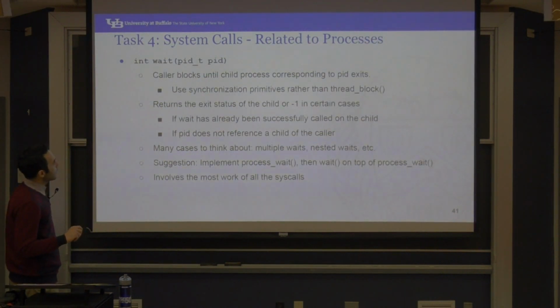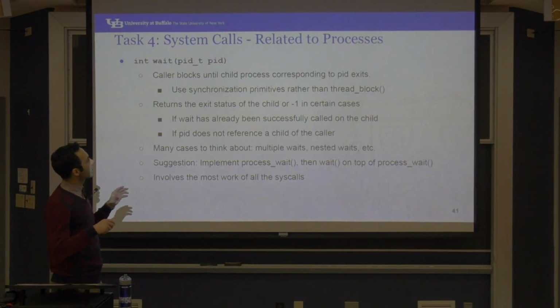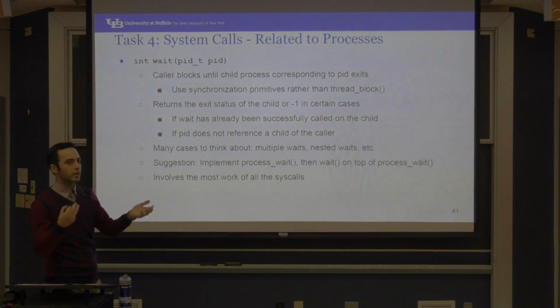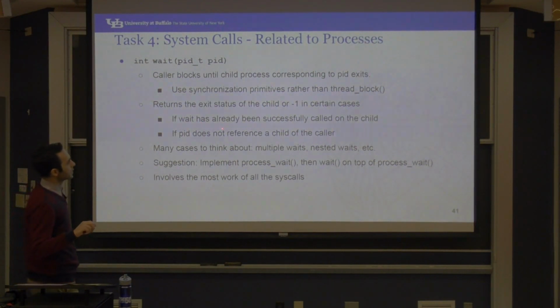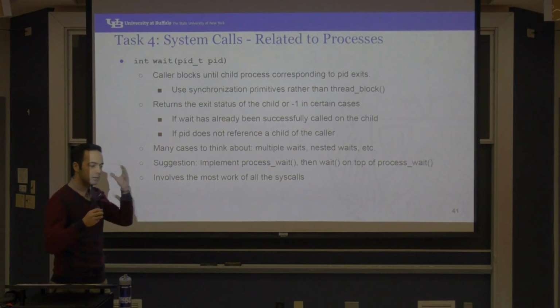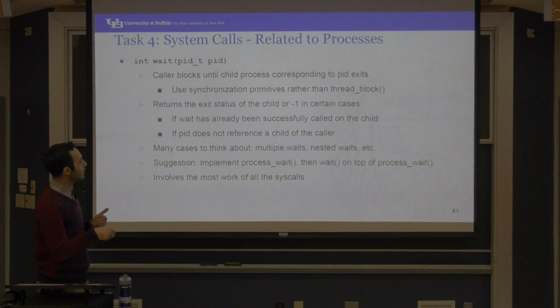So the wait itself, as I said, the parent process should block until the child process finishes, and then you have to use synchronization because the order can now change. So if the wait has already been successfully called on a child, successfully meaning that the child actually exits, and there's a status, and you return it, the next time the result of the wait should be -1.